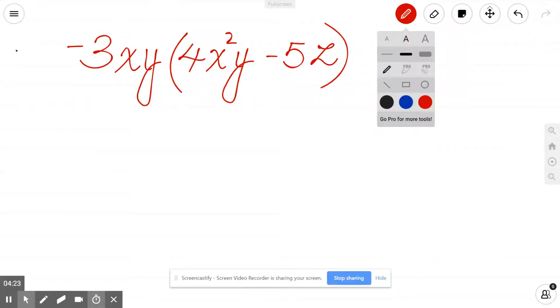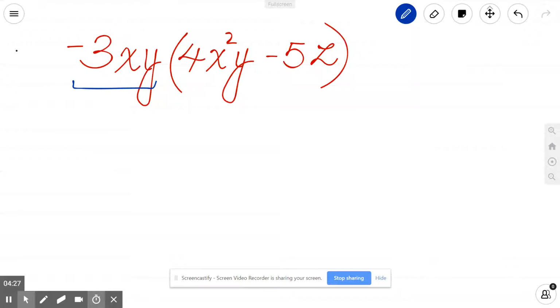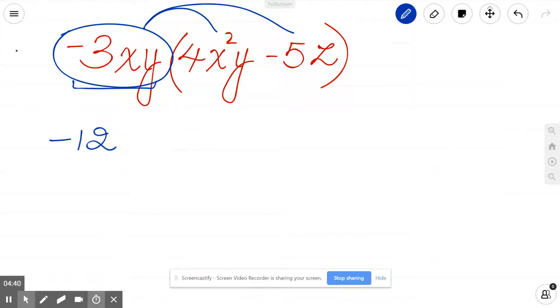Now we have to simplify a question like this. Earlier we had a number to be distributed. Now we have this algebraic expression that will be distributed to both the people here. So our answer will look like, we'll multiply the numbers and numbers. So 4 times negative 3 will be negative 12.